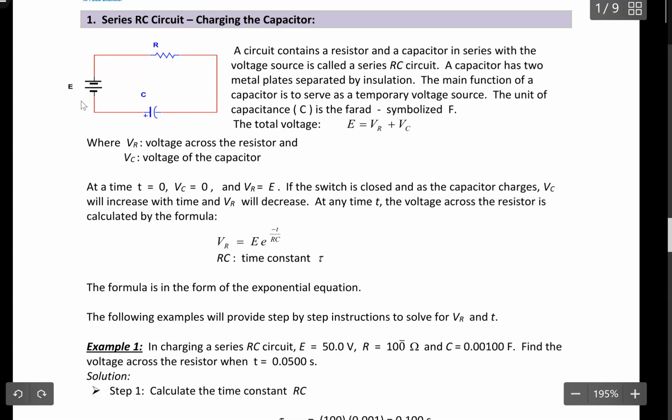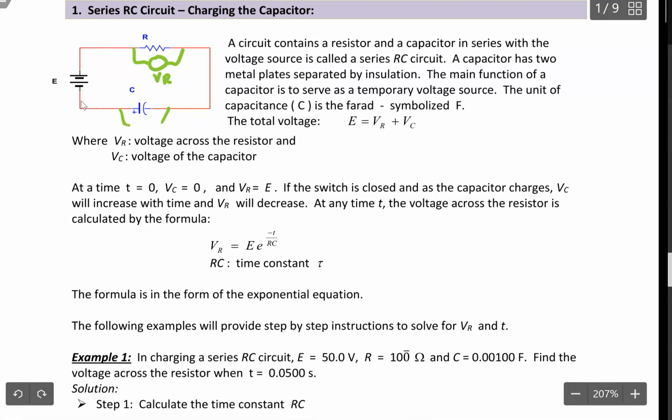If I label the voltage drop across the resistor as VR, and the voltage across the capacitor as VC, then E equals VR plus VC. The sum of the voltage across your resistor and the voltage across your capacitor equals the total voltage source. So keep that in mind.